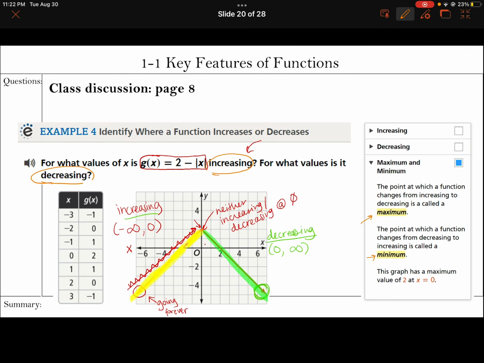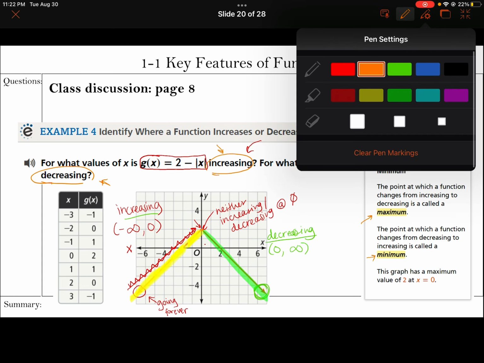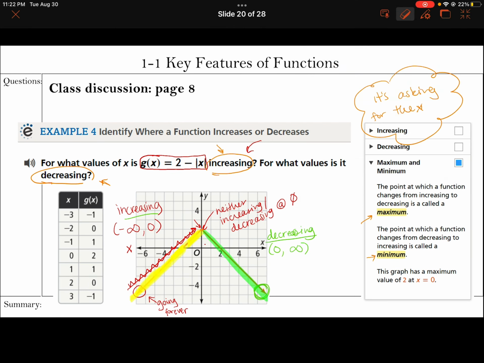So just to clarify, when it's asking for increasing and decreasing, on the bubble somewhere in your notes, you're looking at the x values.